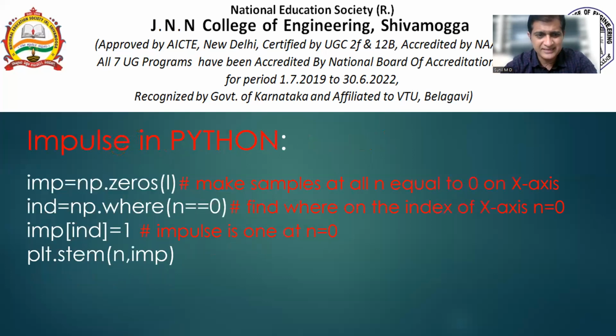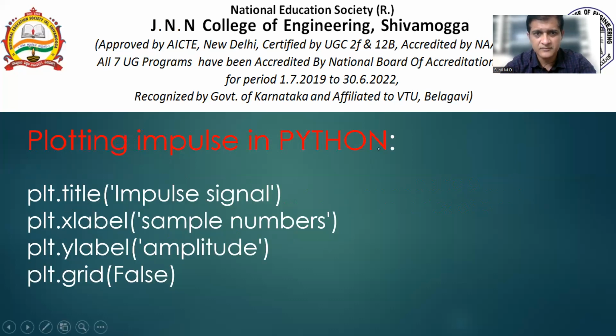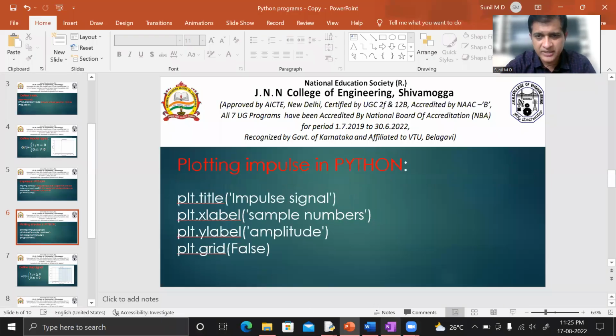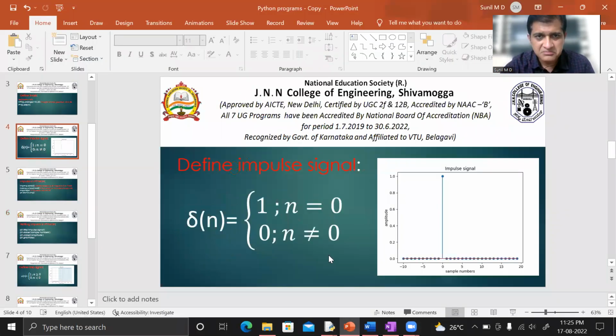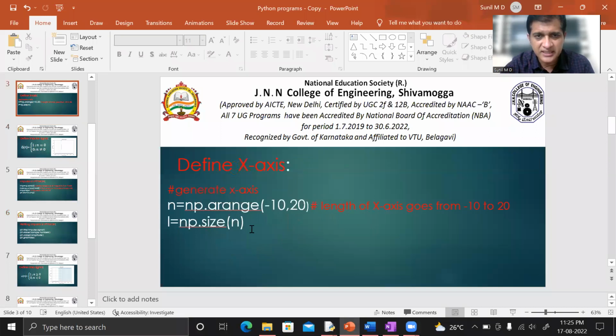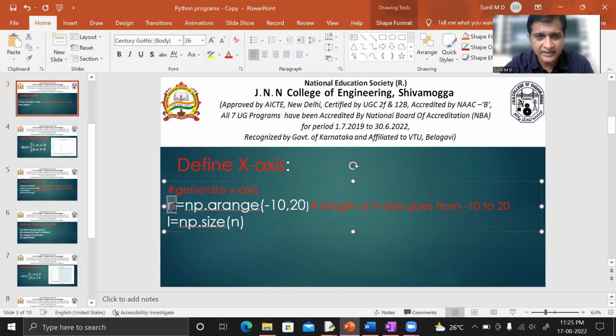Now, to make things clear, I'll try to explain this with some sketches. Let me take this note for that. See here. First, you should understand we have this n x-axis, wherein we have points ranging from -10 to 20.